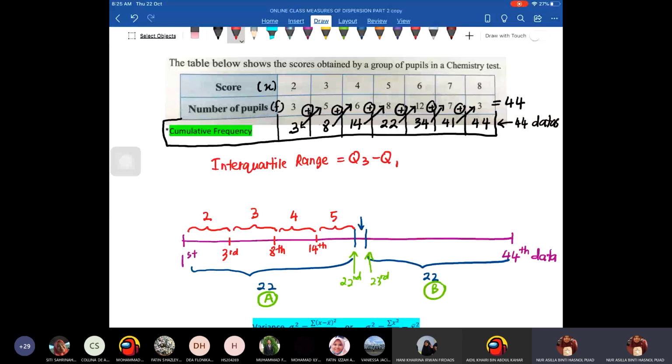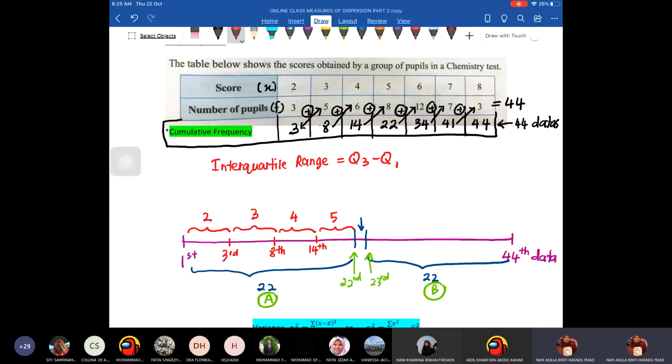So my 22nd data is actually 5. And then my 23rd data, of course, is going to be 6. 23rd until 34th. Okay. So that is how cumulative frequency works.